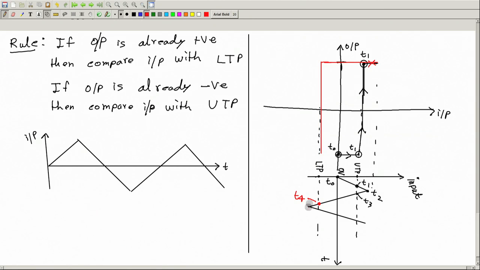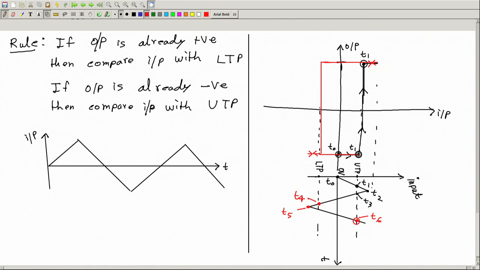Then, if this is t5, after that the input decreases and the output remains the same. Then the input increases, but the output will remain positive until at this point t6 the input crosses the upper trigger point again. So up to t6, I'll go like this.